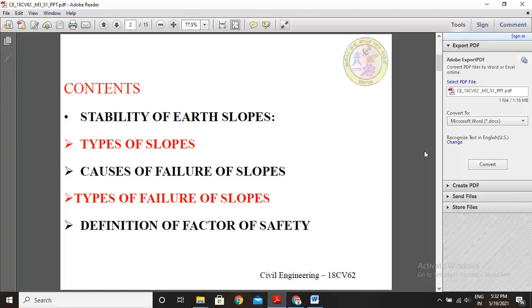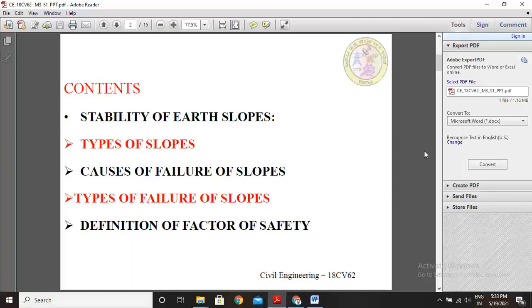To cover Session 1, these contents are prepared. To finish in detail: stability of earth slopes, types of slopes, causes of failure of slopes, types of failure of slopes, and definition of factor of safety.